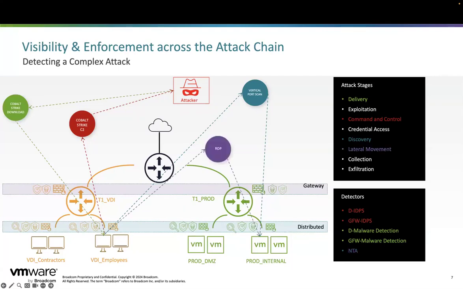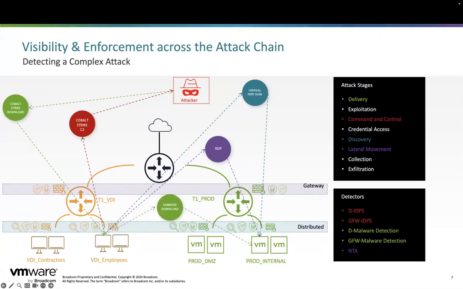Then we've got our lateral movement attack stage. We can also leverage NTA as a detector for this lateral movement. We have already talked about using the distributed firewall to help mitigate lateral movement, but when we're talking about detection and visibility into the attack chain, that visibility of lateral movement comes with NTA.